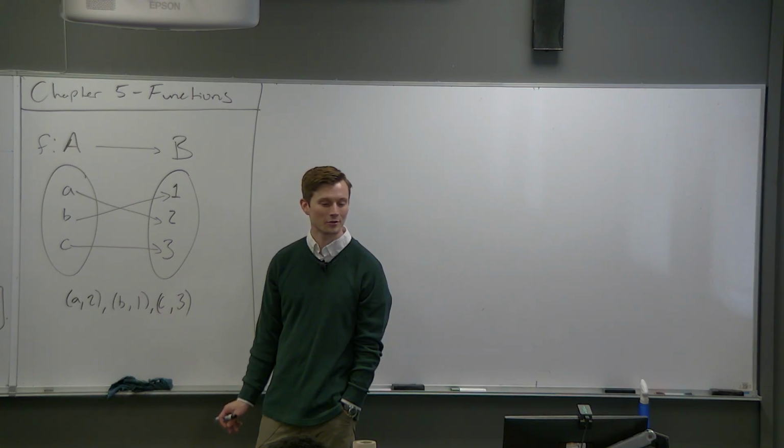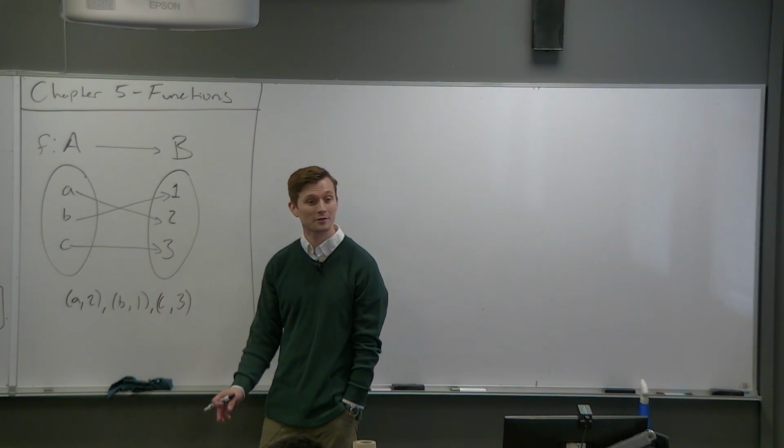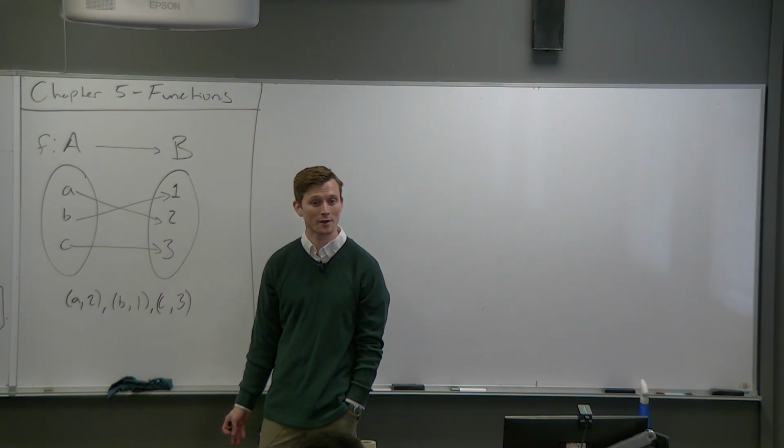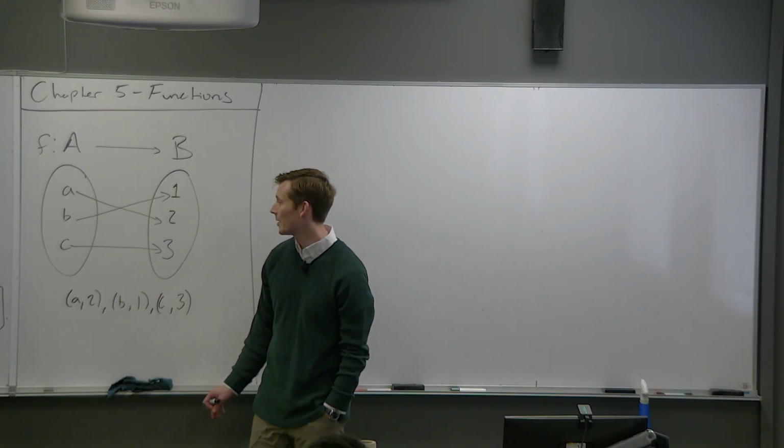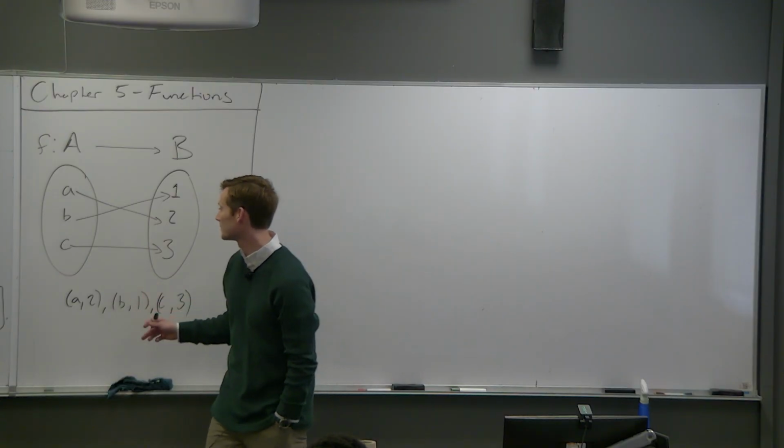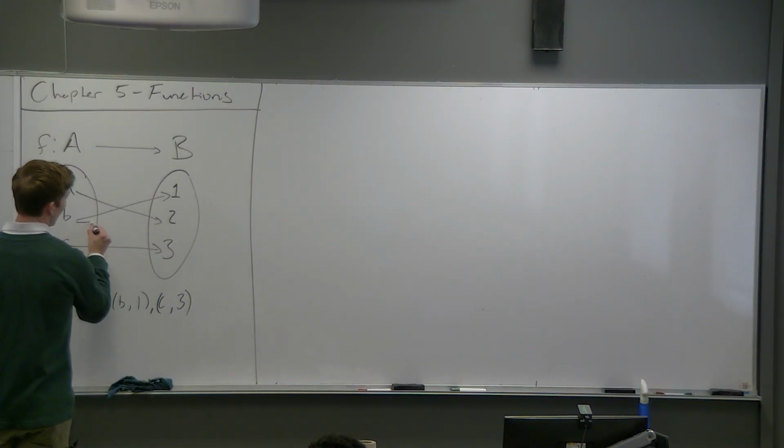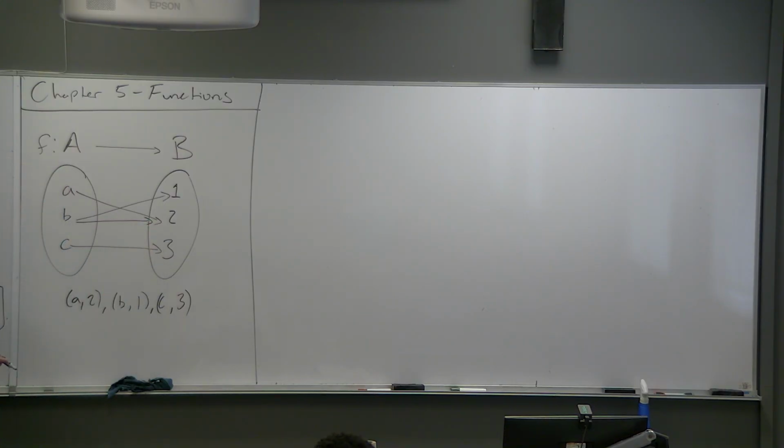Okay. This is not so different from what we just talked about with relations. Functions are a nice type of relation. Just like an equivalence relation is a nice type of relation, functions are another nice type of relation. Specifically, to have a function, you can't have more than one arrow from anything on the left side.